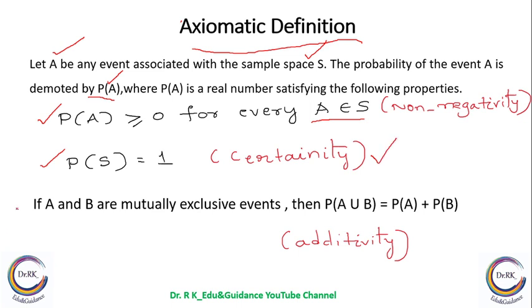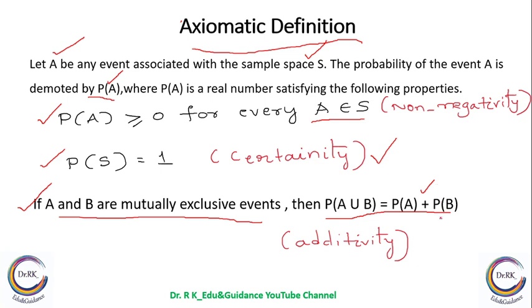And the third axiom, or third condition, is if A, B are mutually exclusive events, then P of A union B equals P of A plus P of B. So this is the additive property.